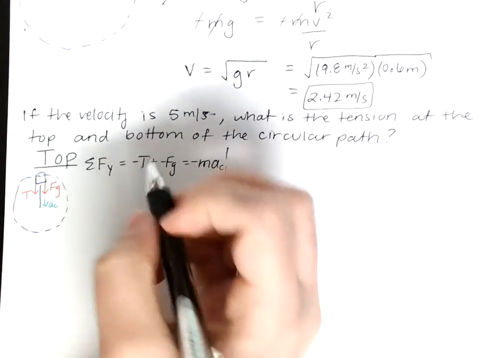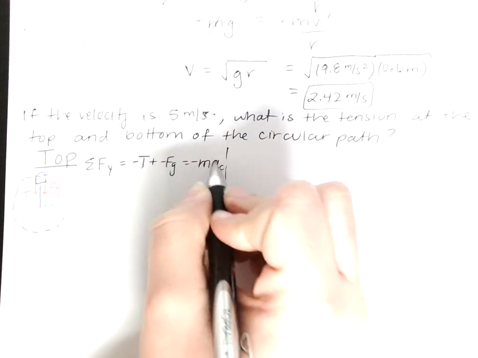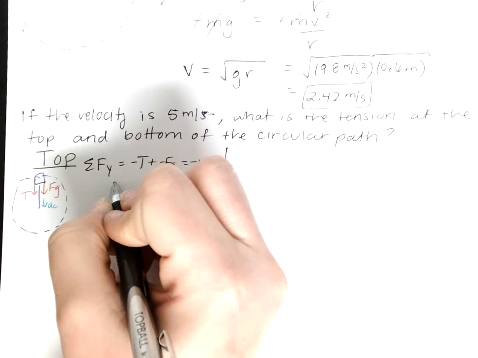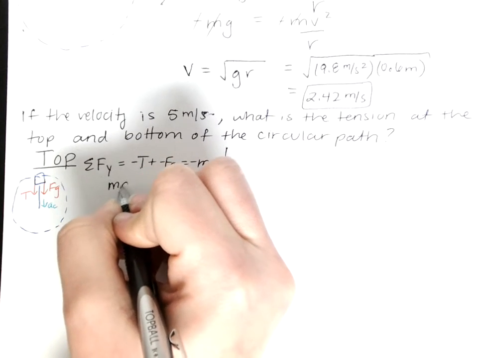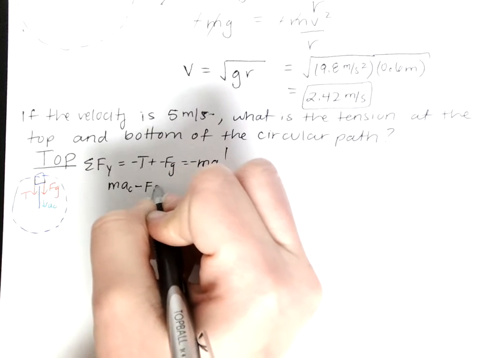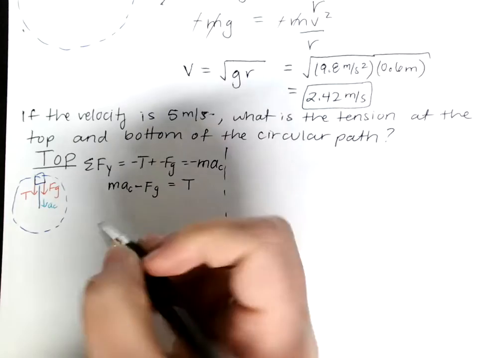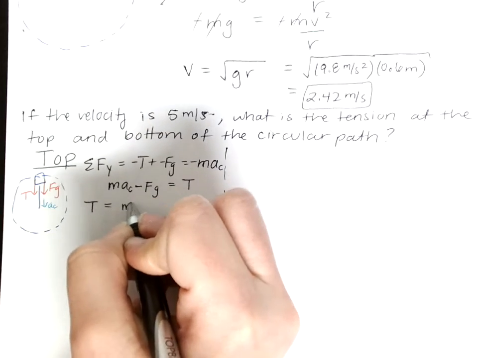In this case, we're going to solve for tension. So I'm going to add Fg over onto the other side and then add MAC over onto the left side. I'm left with MAC minus Fg equals tension. Rewritten so that your tension is on the left, you can just simply rewrite it.